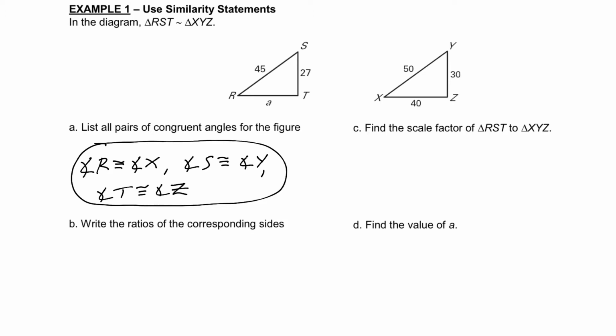But on this one, I'm going to go ahead and use the figure. We know, looking at the similarity statement, that segment RS is going to correspond with segment XY. But let's look at the figures and use the figures for part B. Again, we know that segment RS corresponds with segment XY.